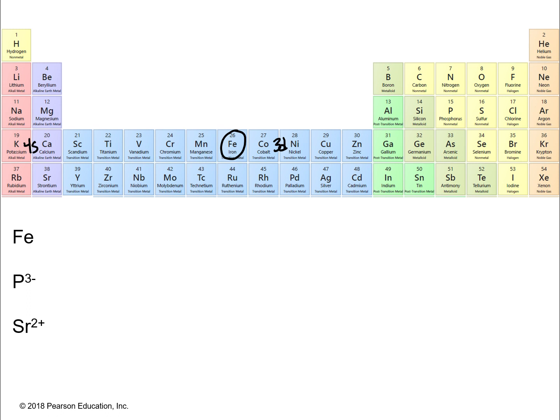If it's in N equals 4, then we need to use the N equals 3 noble gas, so the one that comes right before iron. That's argon. Then we have to fill in everything between argon and iron. So that's the 4s, and 1, 2, 3, 4, 5, 6 electrons in the 3D. So that's for iron.